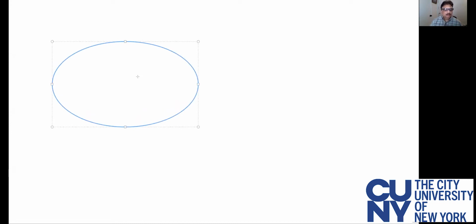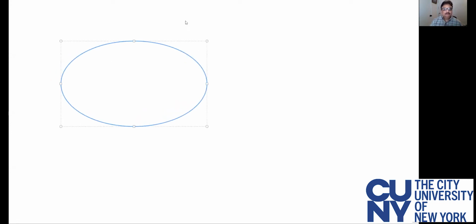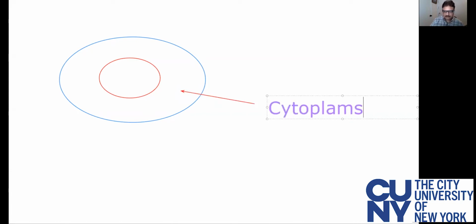Within the cell membrane, there is another organelle called the nucleus. The nucleus is housed within a human cell, and the surrounding space is again called cytoplasm or cytosol.